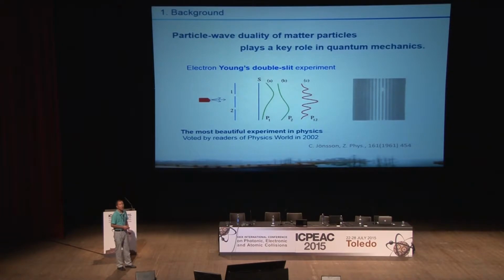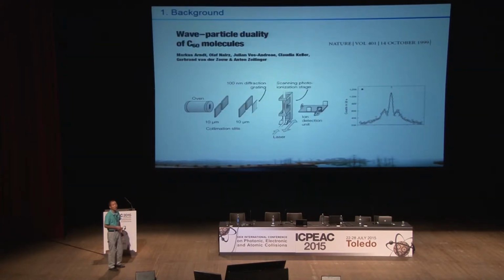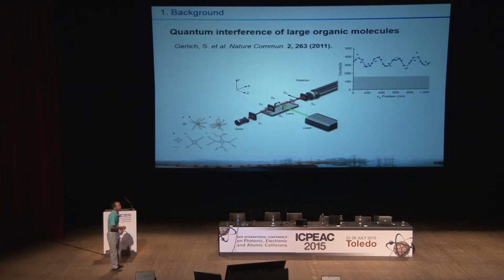Since then, such Young-type double-slit experiments have shown the wave character of large particles, including fullerenes and huge organic molecules.